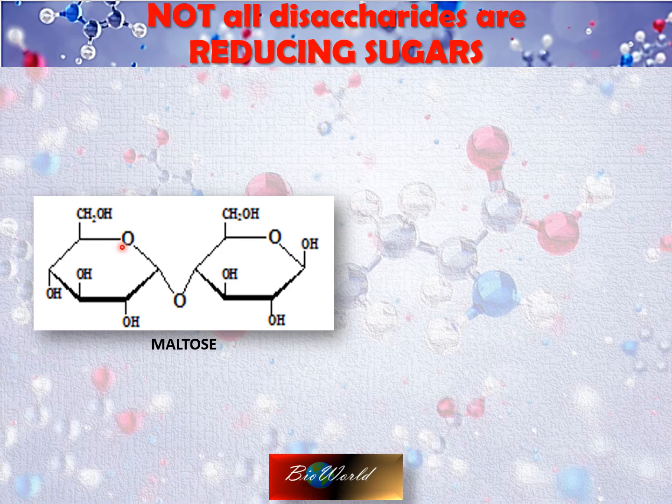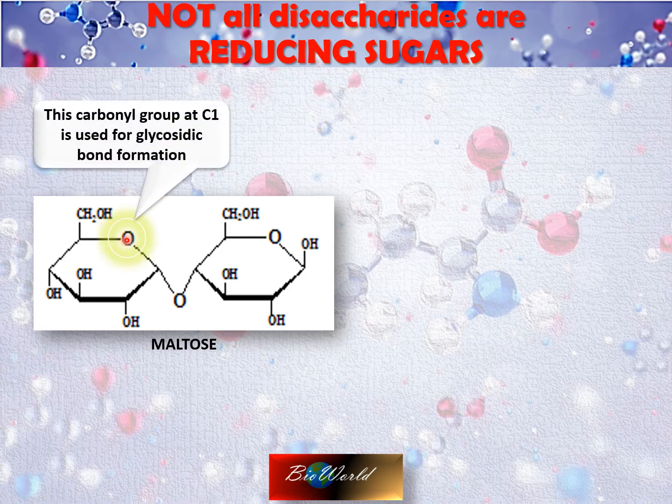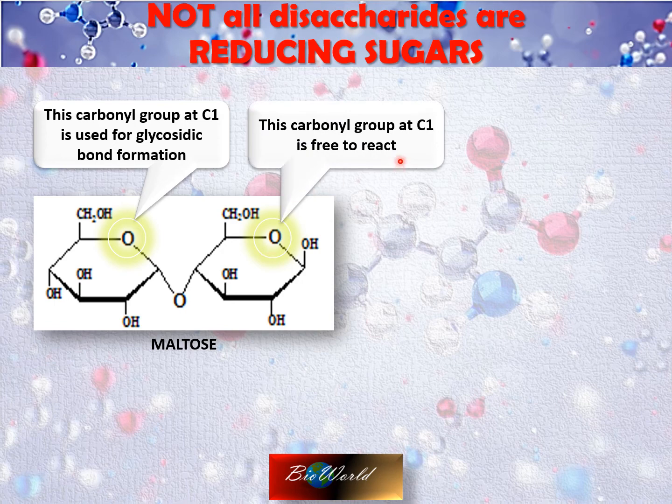Now the oxygen here is involved in the formation of the alpha 1,4 glycosidic bond, but the oxygen here is free. So it will donate electrons to copper sulfate in Benedict's solution and convert the blue Benedict's solution into a brick red precipitate. So that is why maltose is a reducing sugar.